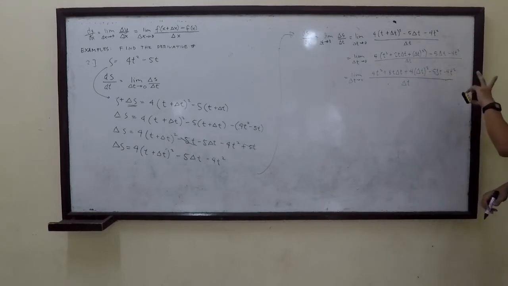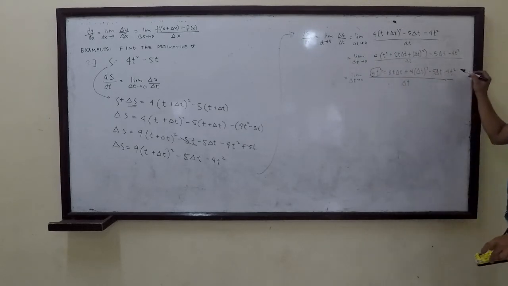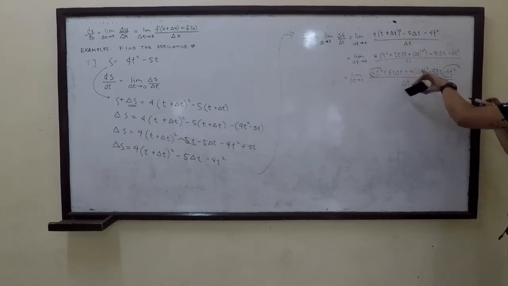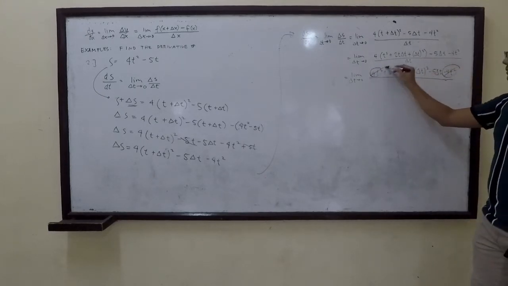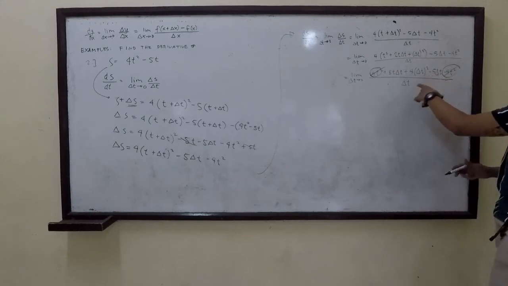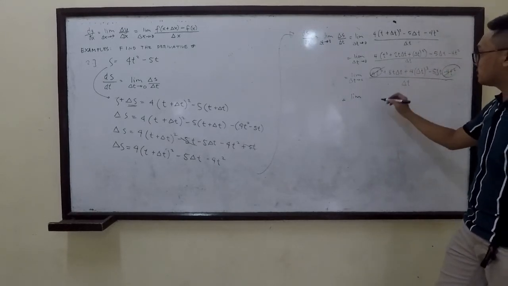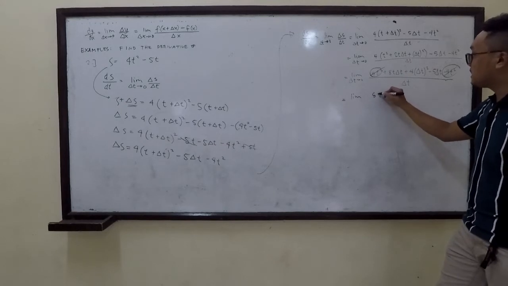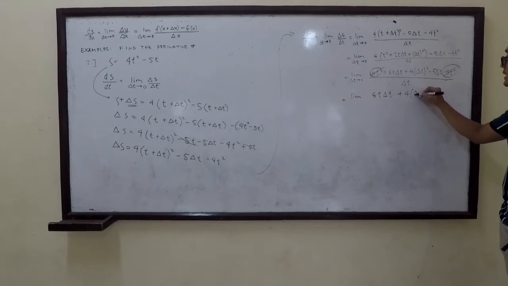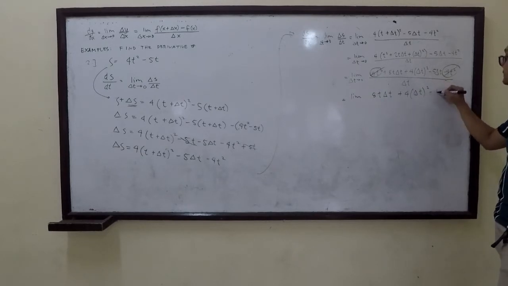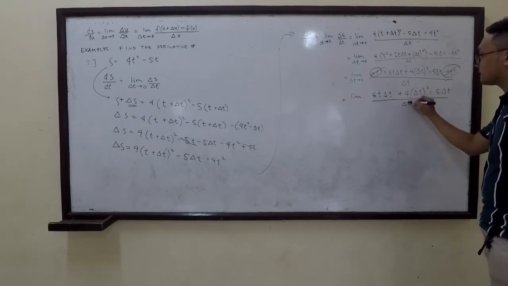The two 4t squared terms have opposite signs, so they cancel. So what remains is: our function now becomes 8t delta t plus 4 delta t squared minus 5 delta t, over delta t.